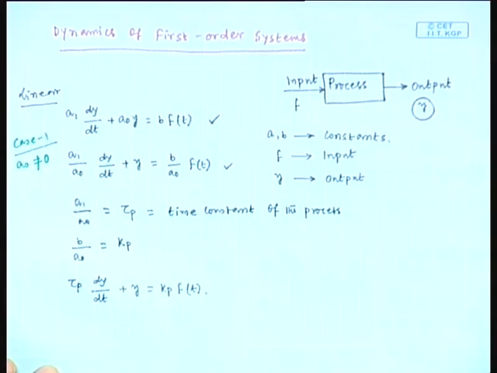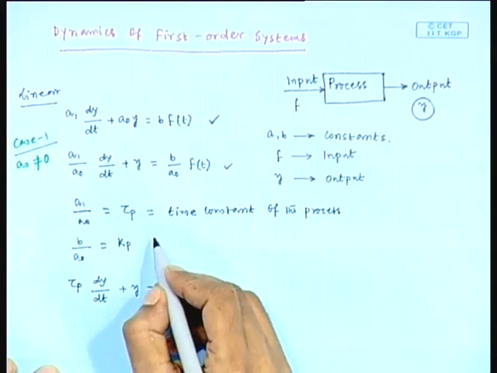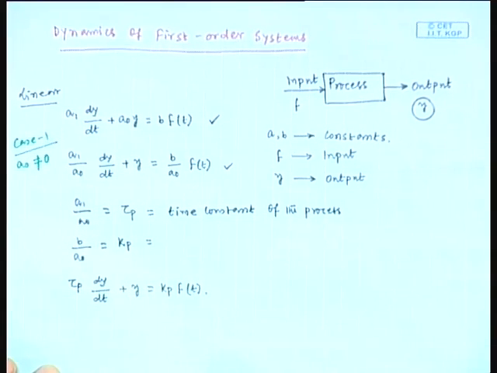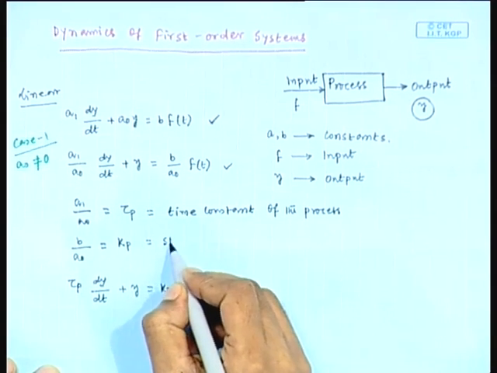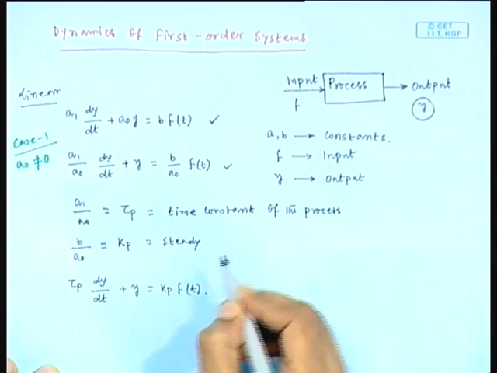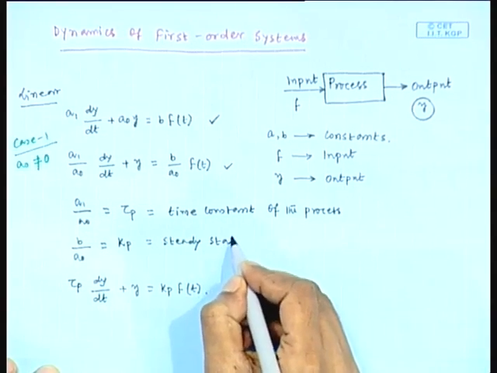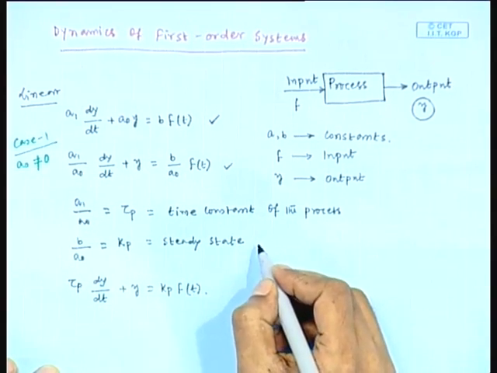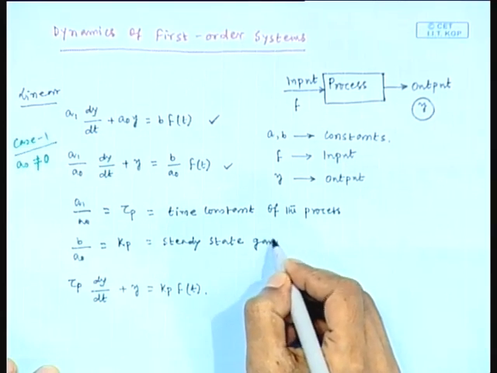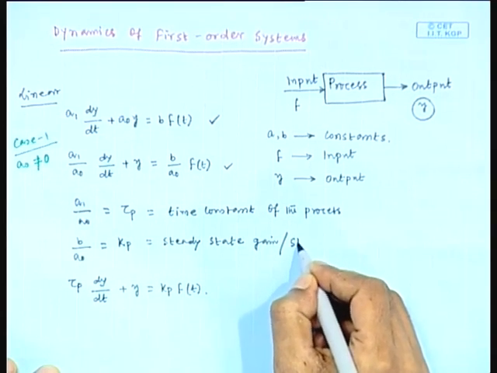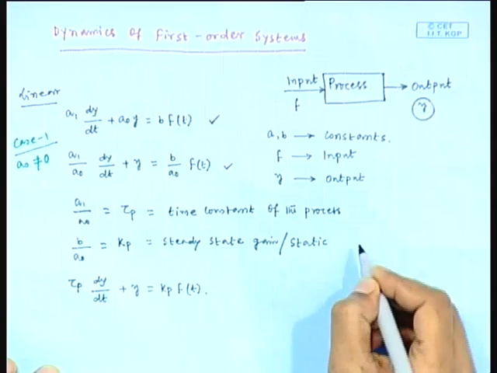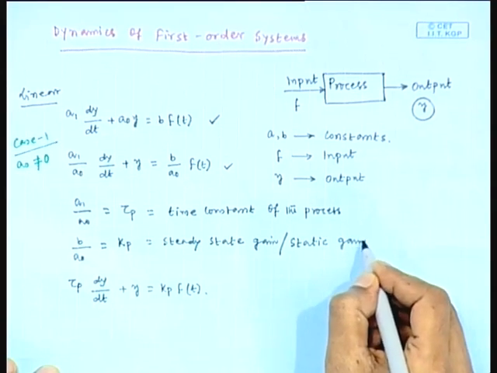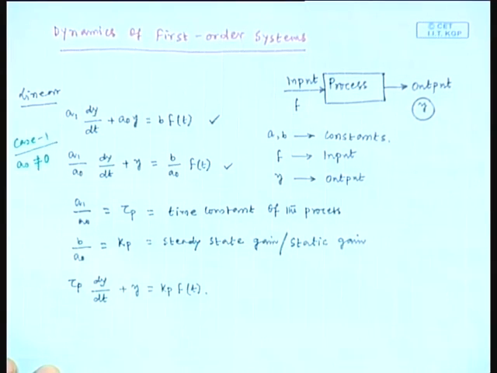So, this is the time constant of the first order process, and Kp is called steady state gain, or static gain, or only gain, I mean gain of the process.